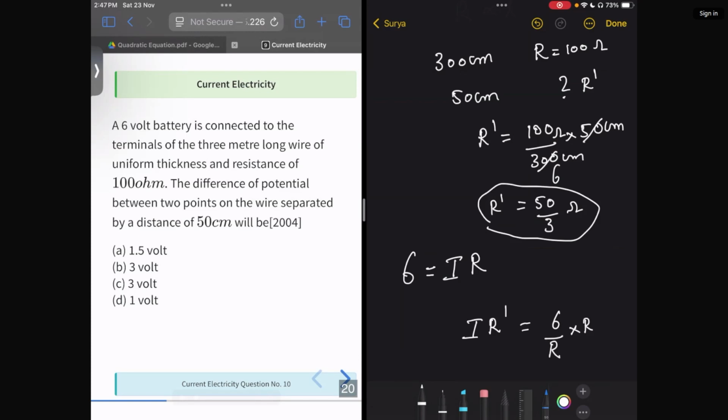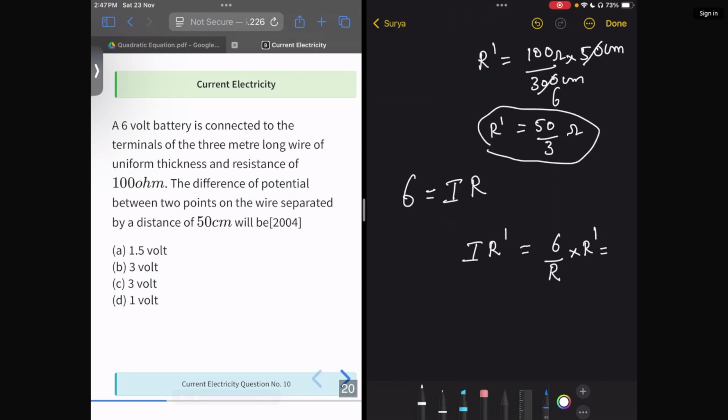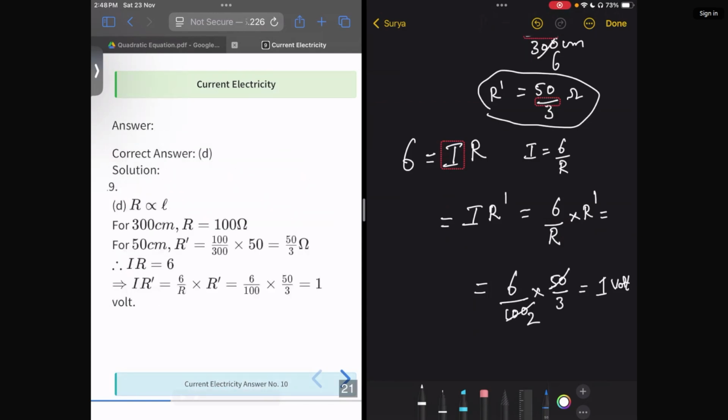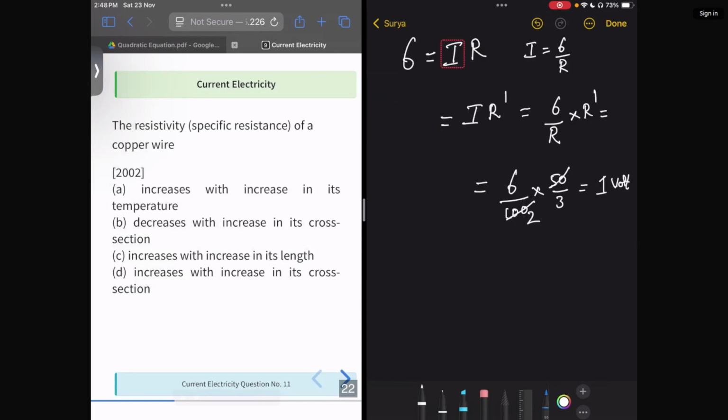Into R dash. You know R and R dash, right? 100 and 50 by 3. It will be 2 times, so 1 volt. So 50 centimeters length will have 1 volt. Next question. Option D is the right answer.